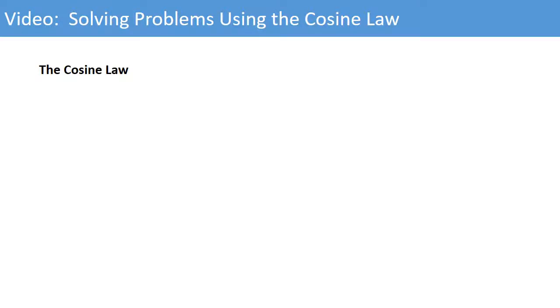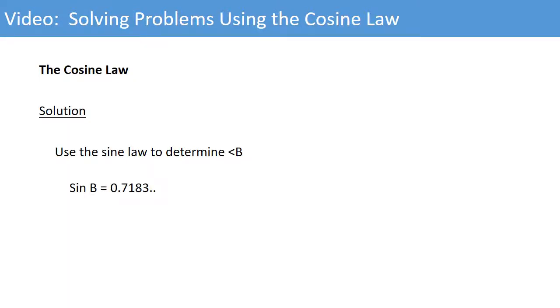Now, continuing on to find the value of angle B, sine B is equal to 0.7183. Angle B then would measure 45.9164 degrees.